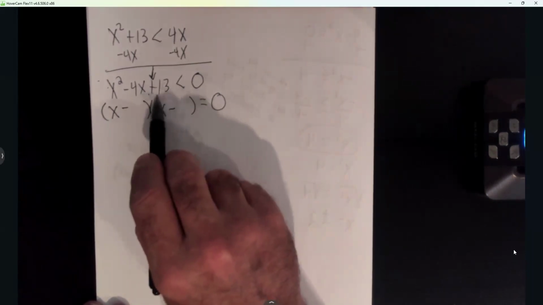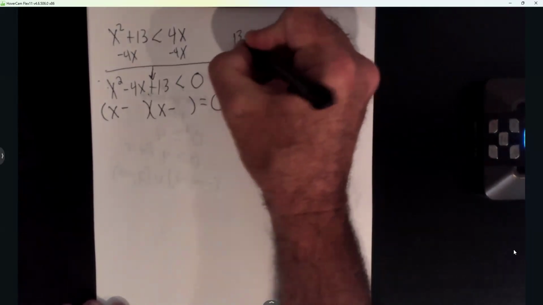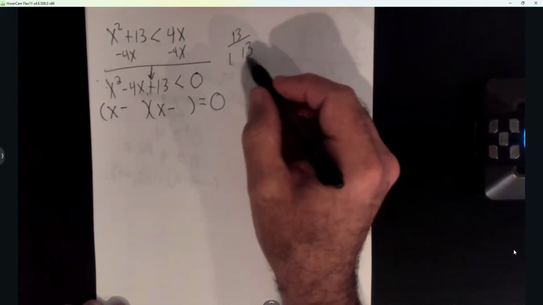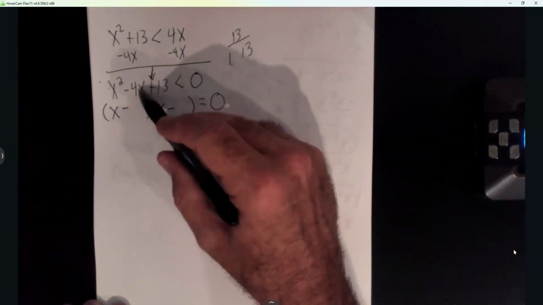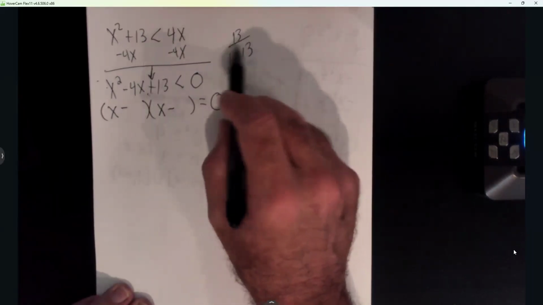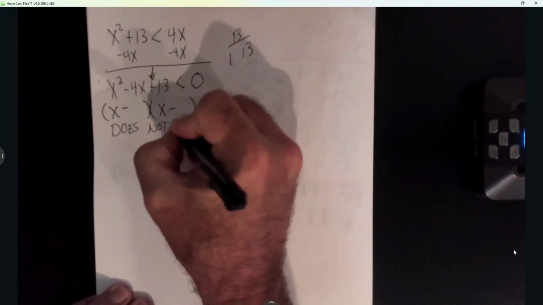All right, so let's see. I need factors of 13 that'll add to get a 4. The only way to get 13 is 1 times 13. Well, 1 and 13 does not add to get me a 4. So since I don't have any numbers that'll add to get that middle number, this one does not factor.